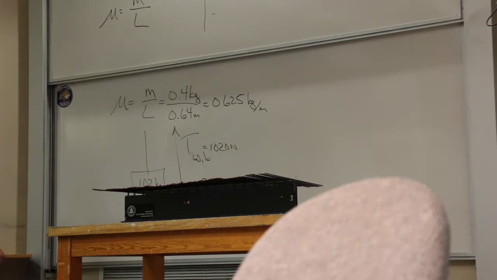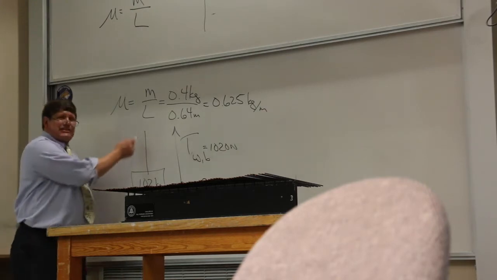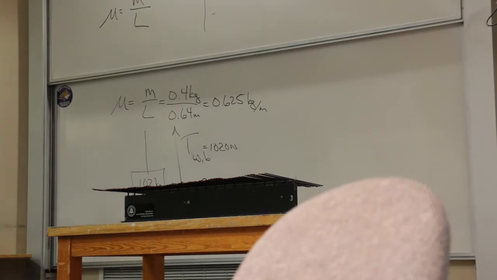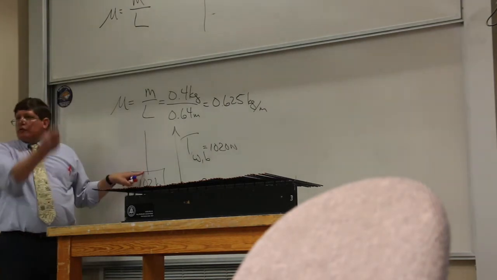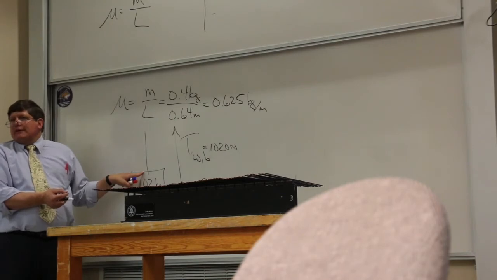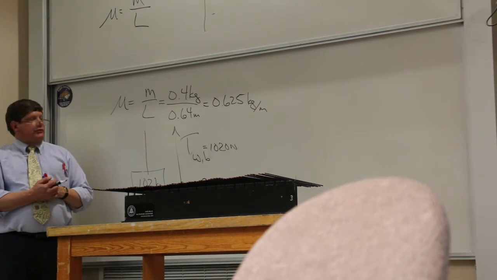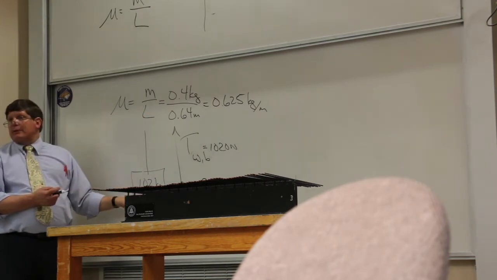Now, question, is the tension the same all the way through that wire? No. Sort of. I mean, no, it's going to be bigger here than it is there because of the weight of the wire itself. But you'll notice that the wire has a really, really small mass compared to the mass of the block. Small enough to be negligible.